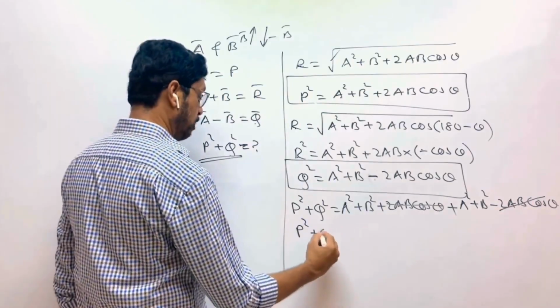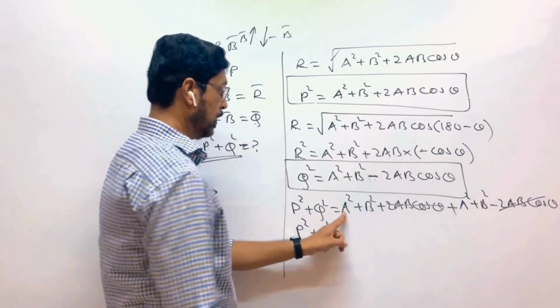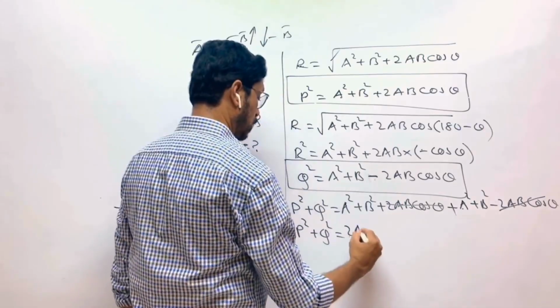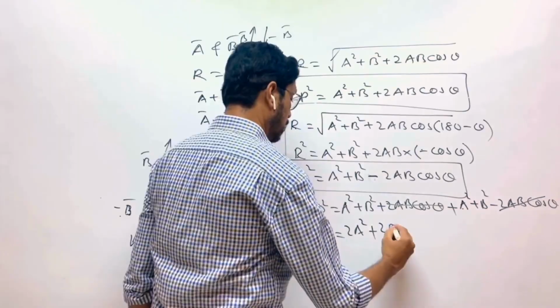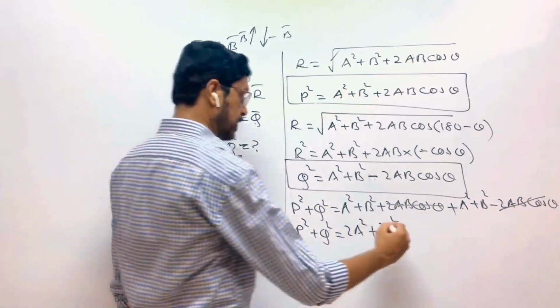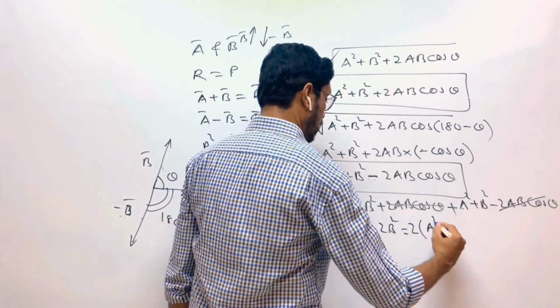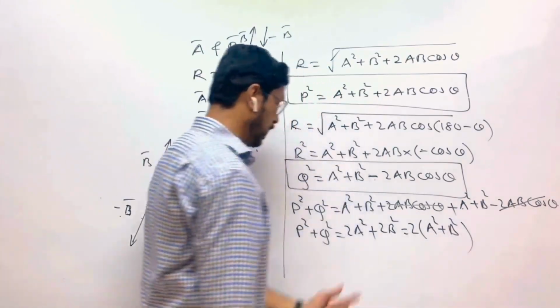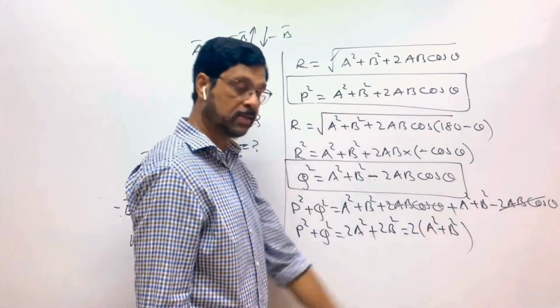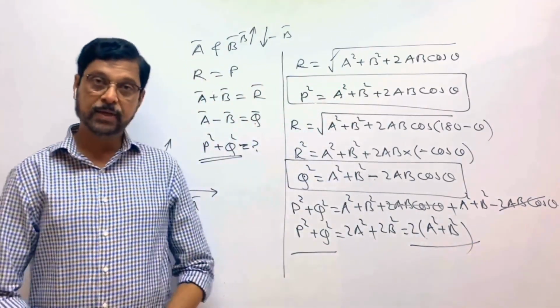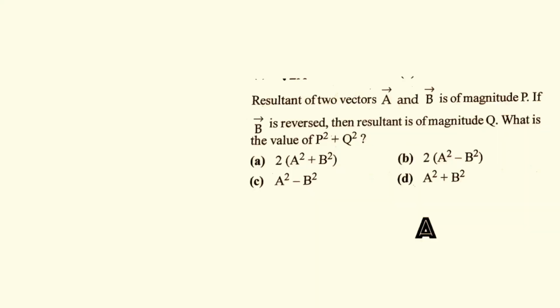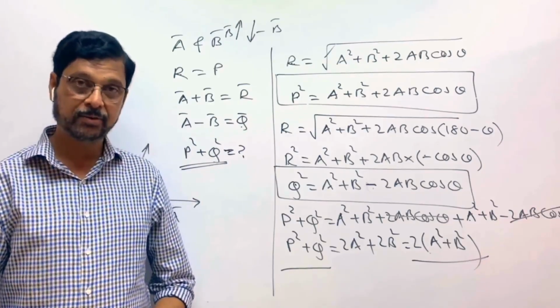So P square plus Q square is equal to A square plus A square, 2A square, plus B square plus B square, that is 2B square, or you can say that is 2 into A square plus B square, 2 common. So P square plus Q square is 2 times A square plus B square. Check into options. It is option A, 2 times A square plus B square. So your answer will be A.